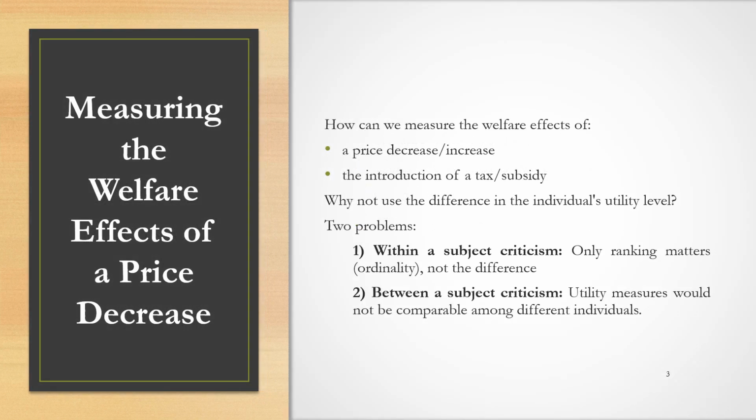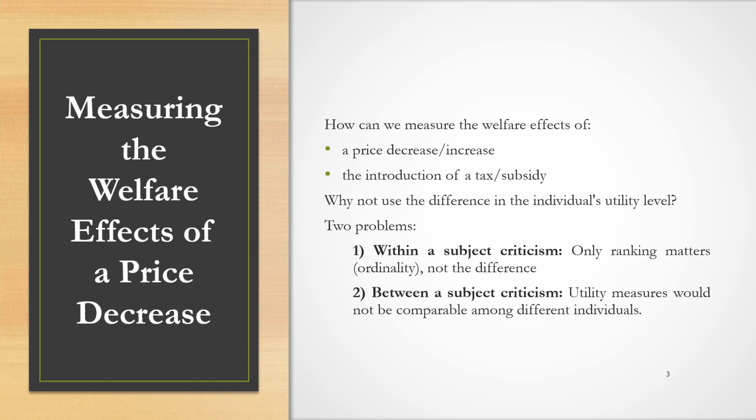So we will analyze the monetary effect of these price and tax adjustments, and we will not take into consideration the difference in individuals' utility level because of two problems. One is the within-subject criticism, only ranking matters, not the difference, and the other is the between-subject criticism, where the utility measures would not be comparable among different individuals.